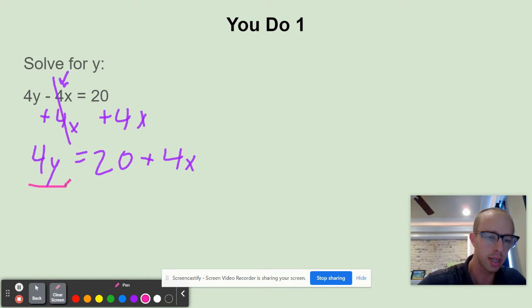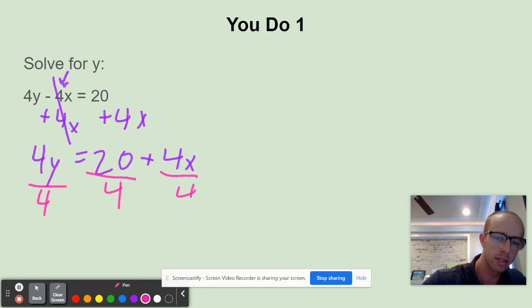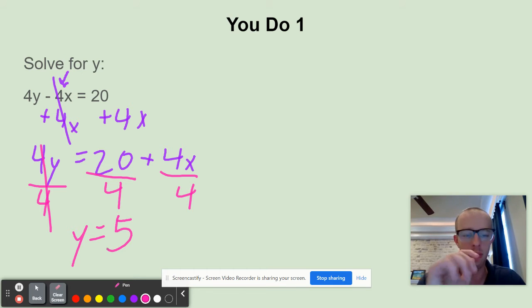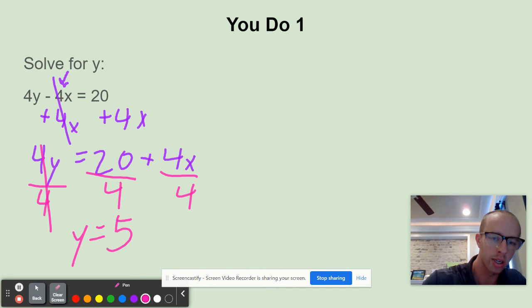To get rid of multiplication, I do some division. Divide by 4, divide by 4, divide by 4. These cancel. You get y equals 20 divided by 4 is 5. 4x divided by 4: well, 4 divided by 4 is just 1.